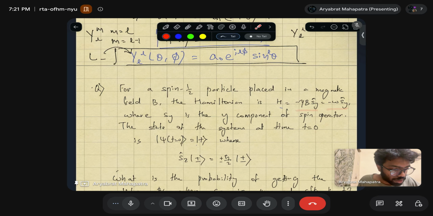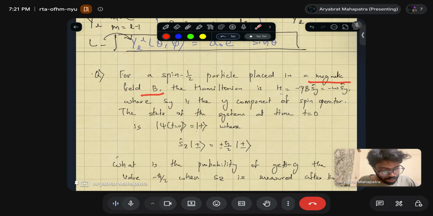Probably you will see this more often in the coming topics as well, in nuclear magnetic resonance and further. So this is the energy of the spin particle inside the magnetic field.